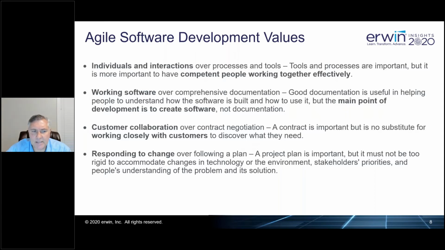Another important aspect is responding to change. This is valued over following a strict plan. A project plan is important, don't underestimate it, but it must not be too rigid to accommodate the changes in the technology, the environment, the priorities of the stakeholders, and the people's understanding of the problem or its solution.